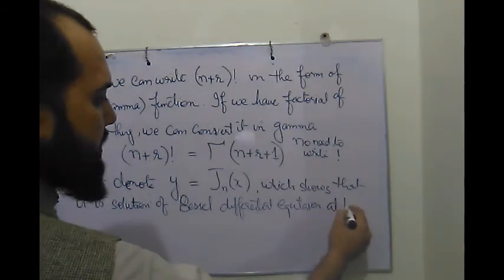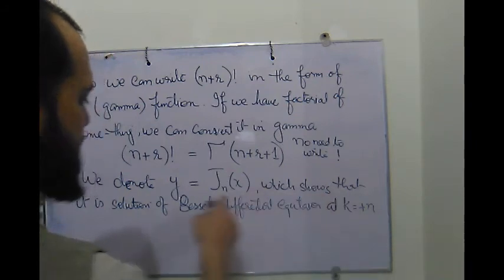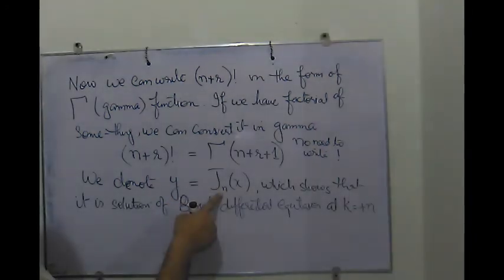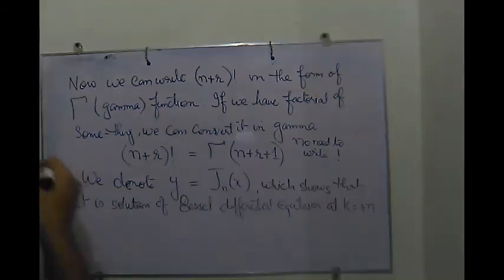At k is equal to positive n. So this positive n shows that, and J shows that it is the solution of Bessel differential equation, and the value of n shows that it is when k is equal to positive n.